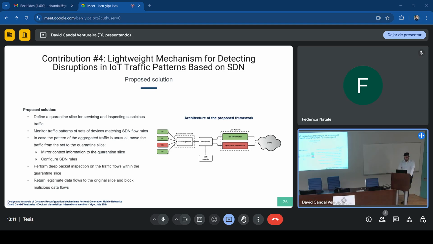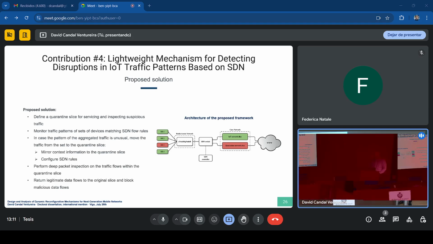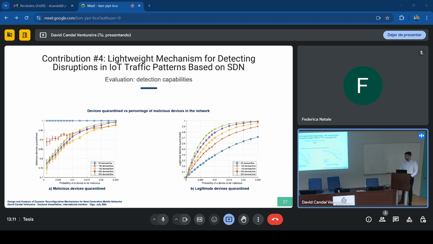And we allocated them uniformly, although it is feasible to do it by traffic class, so that SDN flows only contain data flows from the same traffic class. And if we had done that, then these graphics would be all at one.